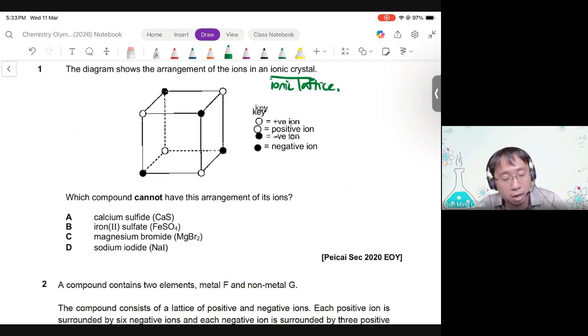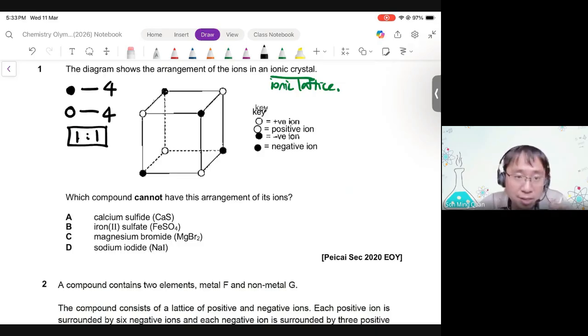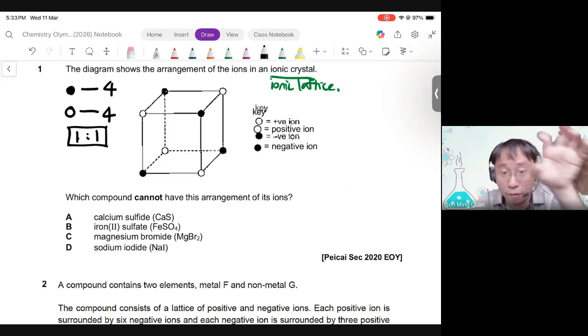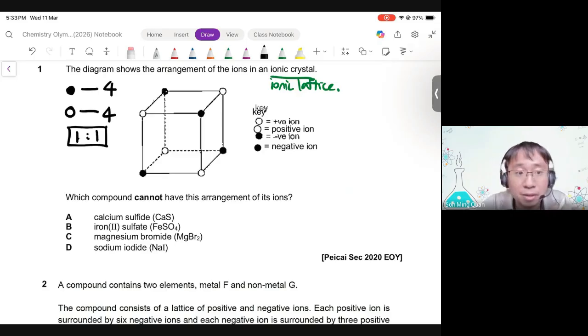So again, you count. The black circle, the white circle, the black circle got 4, the white circle got 4. Oh, 1:1. That means the positive and negative ion has to be in a 1:1 ratio. Then it will fit this structure, right?